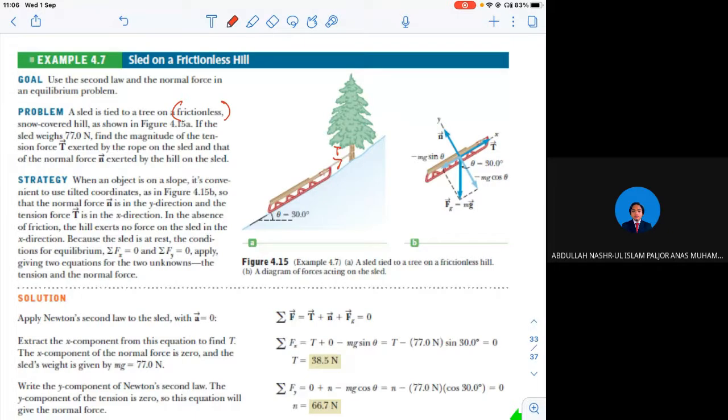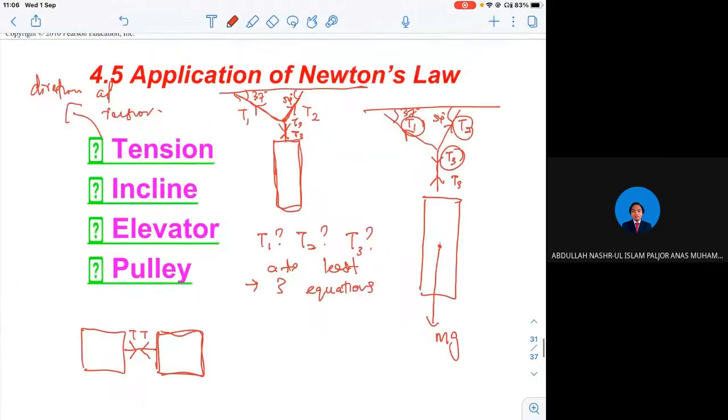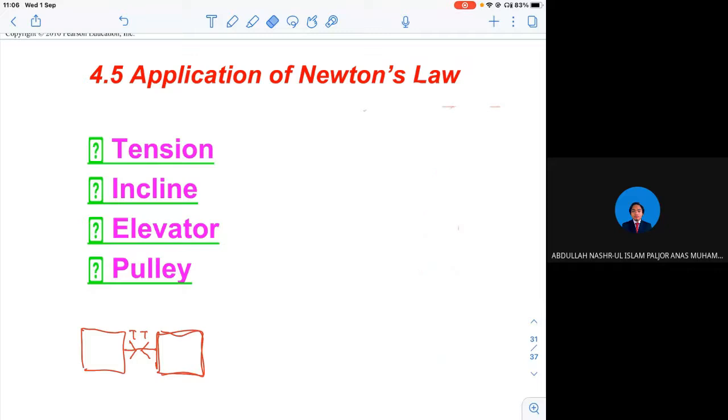In inclined situations, we need to establish some ground rules.